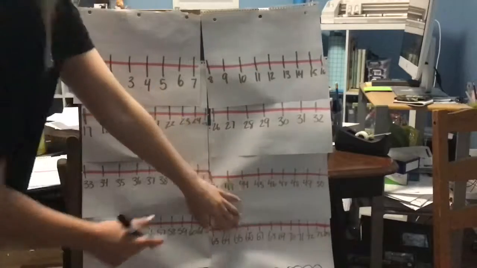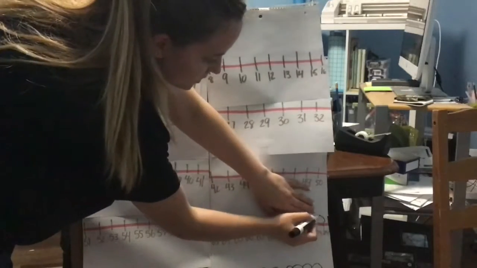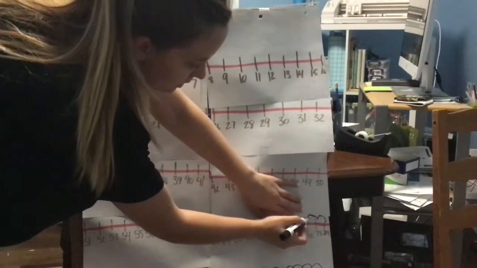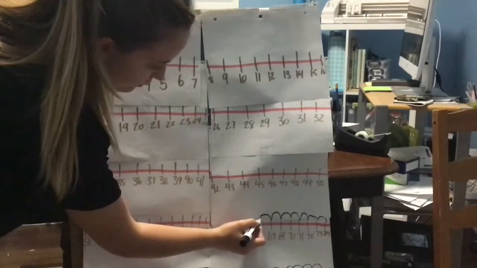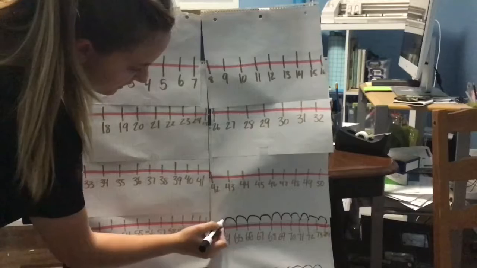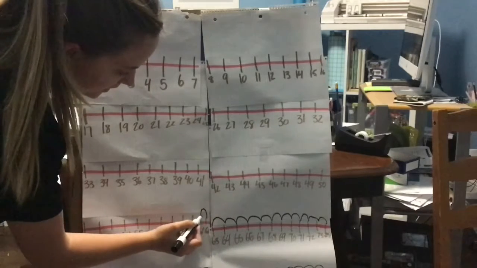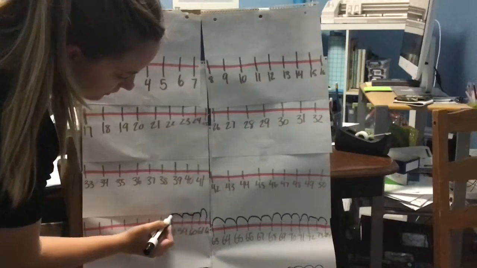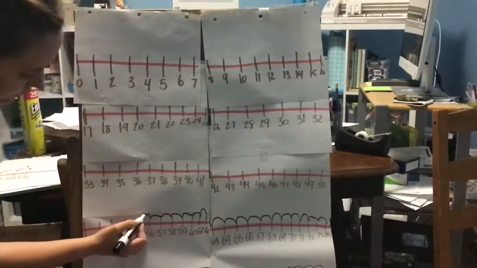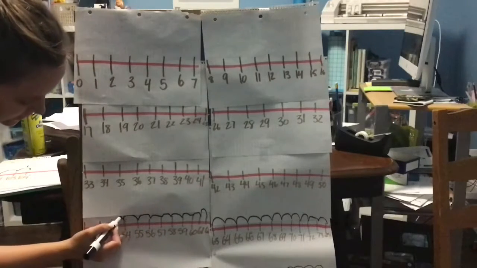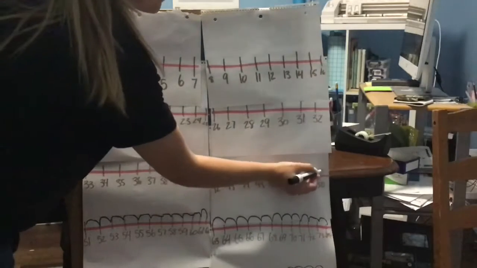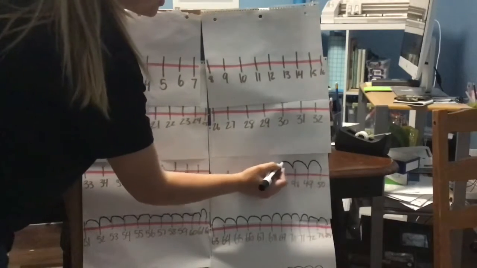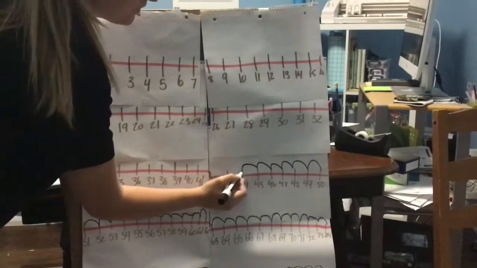So we have to keep going. 28, 29, 30, 31, 32, 33, 34, 35, 36, 37, 38, 39, 40, 41, 42, 43, 44, 45, 46, 47, 48, 49, 50, 51, 52, 53, 54, 55.